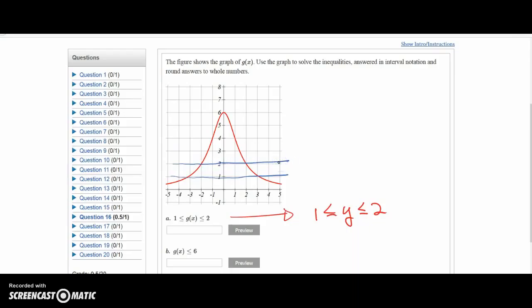So the y values are trapped between 1 and 2 here and here.